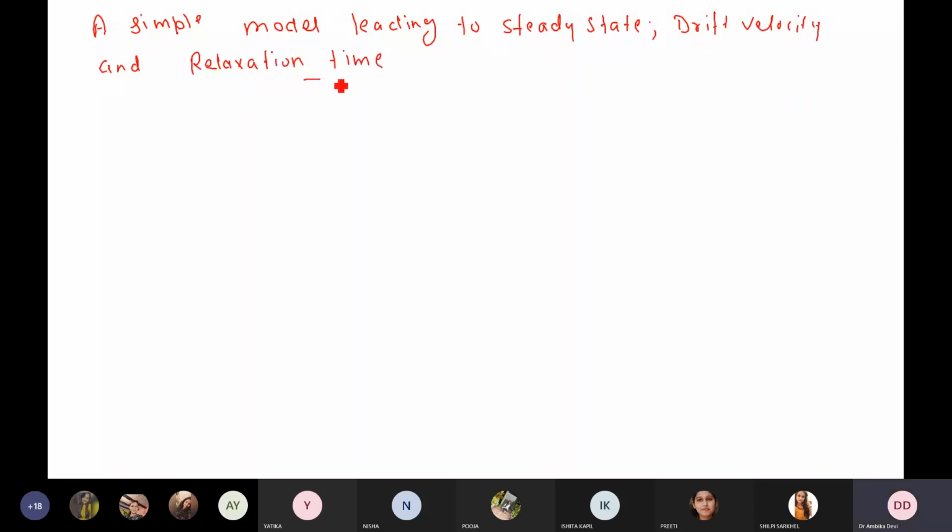Now, as I told you, though the conductivity has also been derived by using the Drude-Lorentz theory, the free electron theory, here we are considering all the facts which actually resolve the drawbacks of the free electron theory. Okay, so let's see what is this simple model.